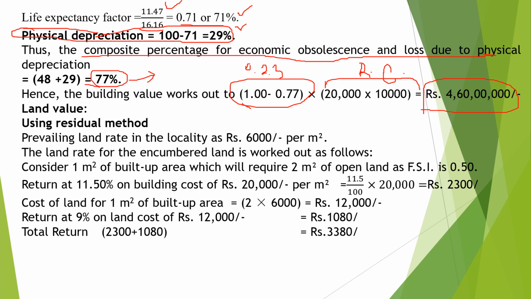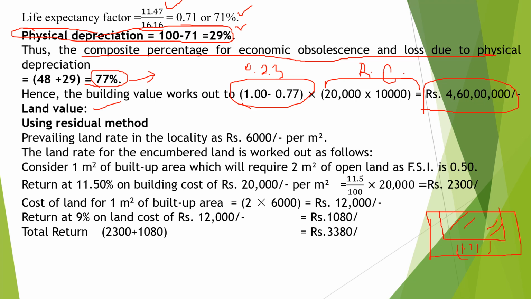Now, next we will be calculating land value. We have already discussed that we will calculate land value in two parts. One is the value of the land which is encumbered by the industry, and the other is the value of the open land, which is not encumbered by the building.